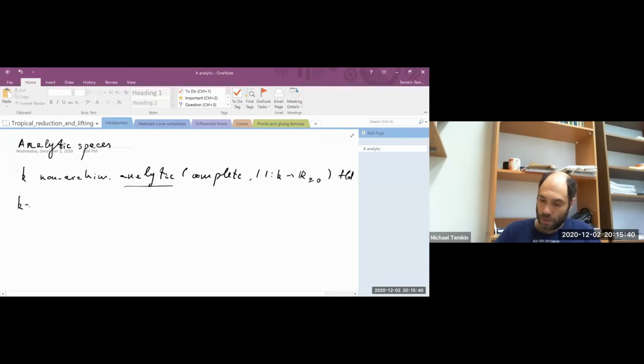Also, we always assume that it is algebraically closed. And we'll denote by K naught the ring of integers, and by K tilde the residue field.